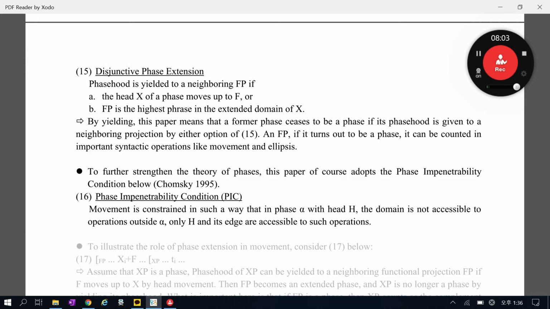An FP, if it turns out to be a phase, can be counted in important syntactic operations like movement and ellipsis. Ellipsis is important here. To further strengthen the theory of phases, this paper, of course, adopts the phase impenetrability condition below, given in 16.